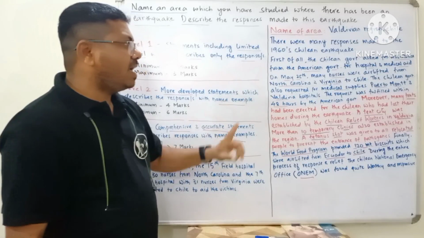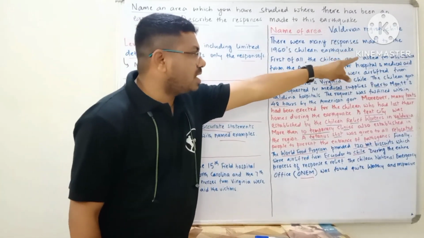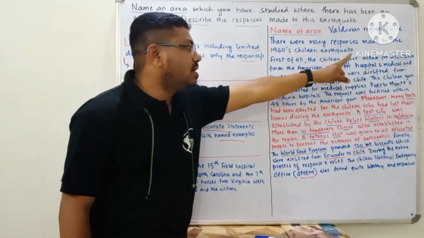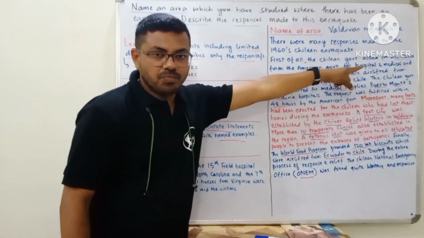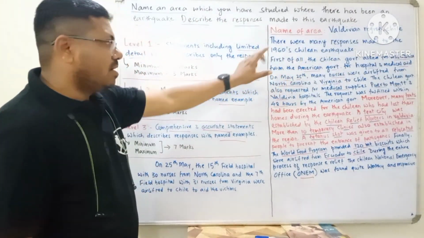So I can change this idea from here. First of all, the Chilean government asked for assistance from the American government for hospital and medical aid. Right? Now, how can I convert this into level 3?